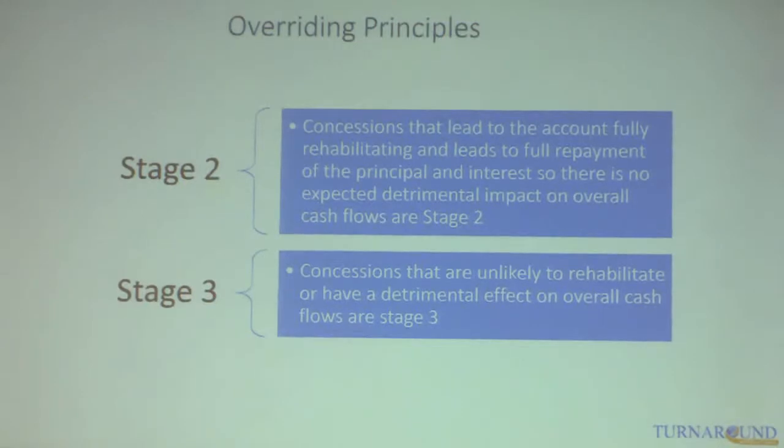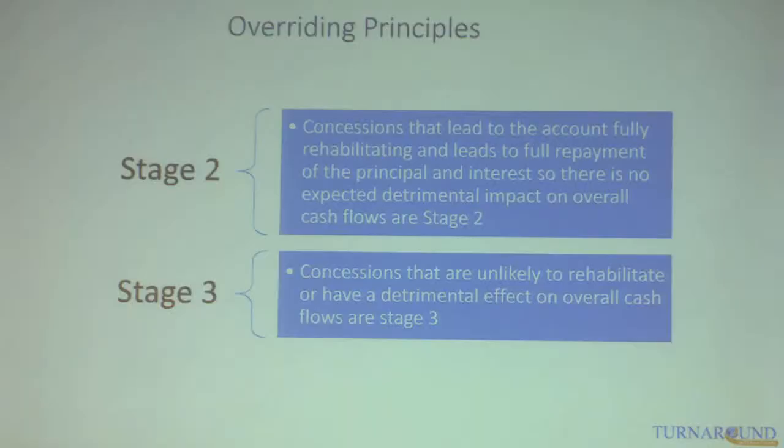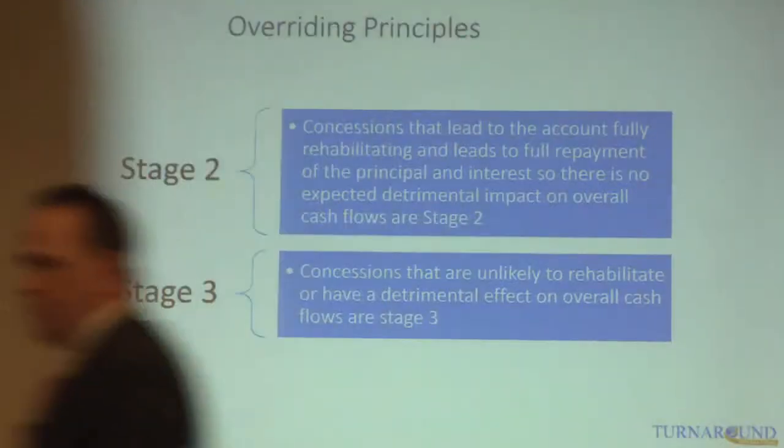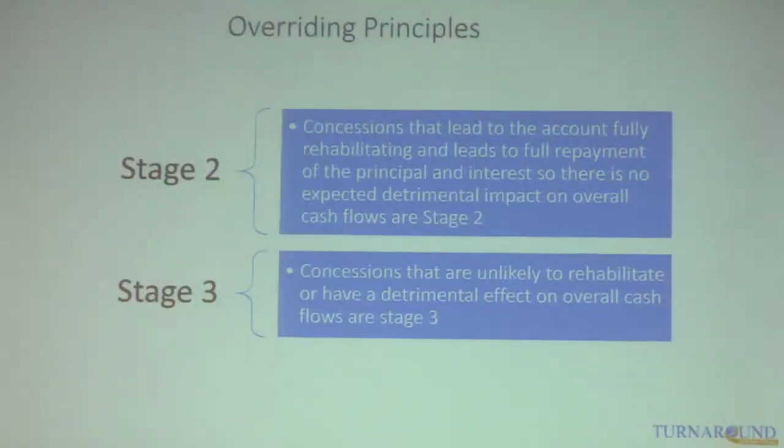So the thing is, when you go to stage 2, you give someone a concession. So you say you're having trouble, and if the concession can lead to the account becoming normal again, and the cash flows are not detrimental, that could actually then go back to stage 1.